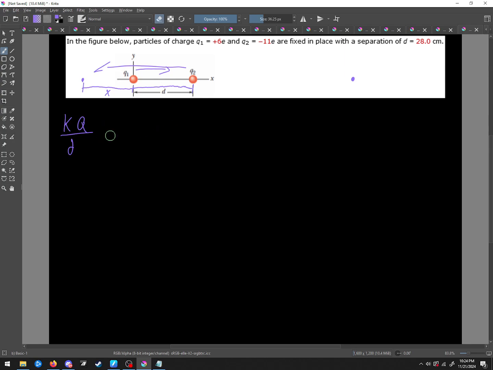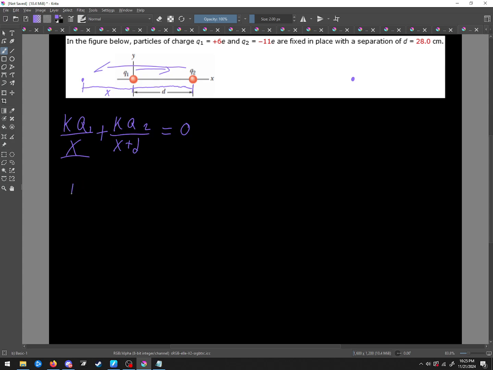So let's add this. Let's call this just x. This one's going to be q1, and this is going to be q2, and these we set equal to 0, right? Now what are we solving for? Well, we're solving for this distance here, x.